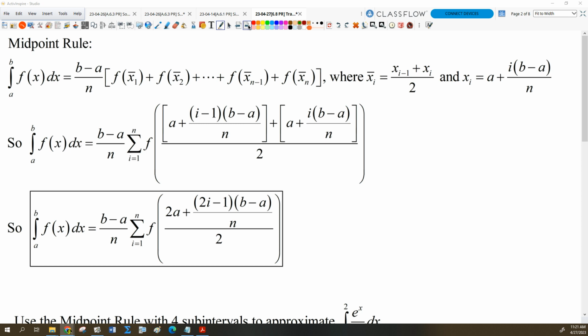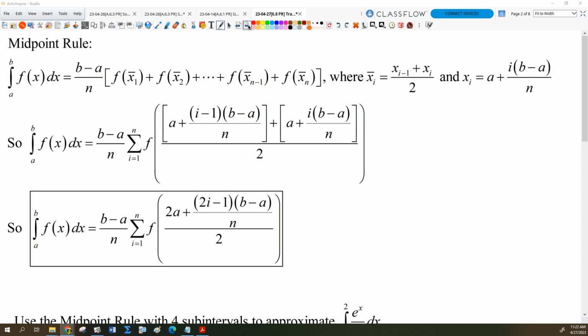What's the average of x sub i minus 1 and x sub i, right? So on that interval that starts at x sub i minus 1 and ends at x sub i, that's halfway between those two x values. We average the endpoints of that subinterval, and it gives us the midpoint, right? That's all a midpoint is, an average between the beginning and the end of an interval, okay?